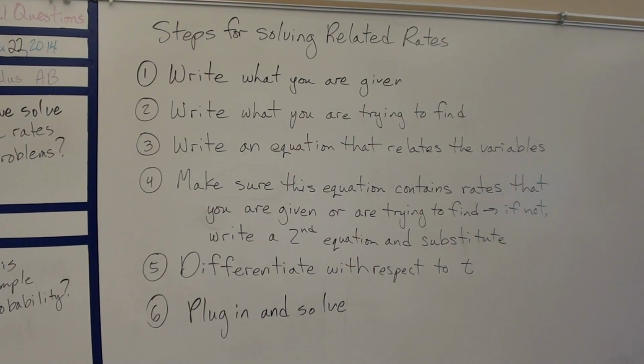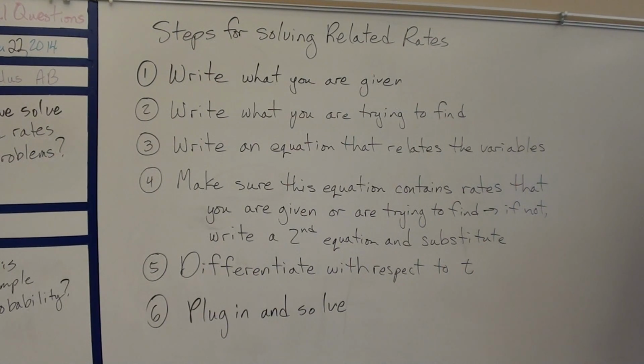All right. So you write an equation that relates the variables. This step is something that's going to come into play more tomorrow, but it will come in a tiny bit today. We need to make sure that this equation only involves variables whose rates we either know or we want. If we have any other variables in the equation where we don't know the rate and we don't want the rate, we have to get rid of that variable.